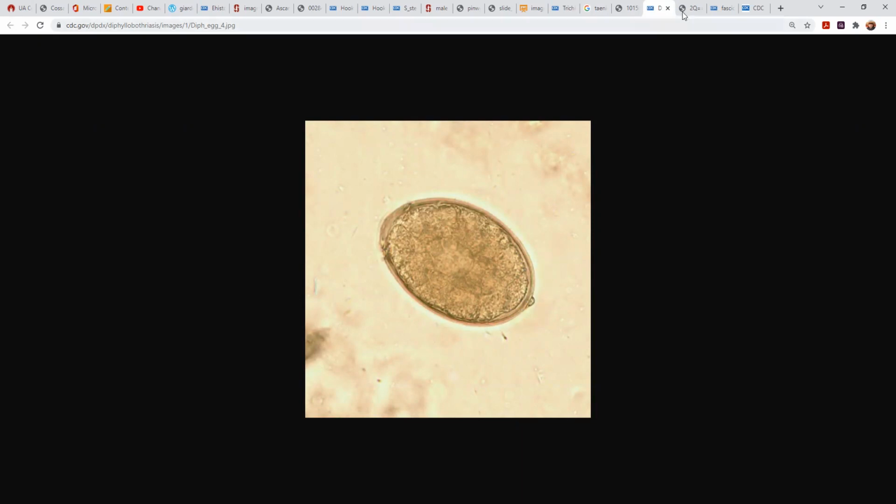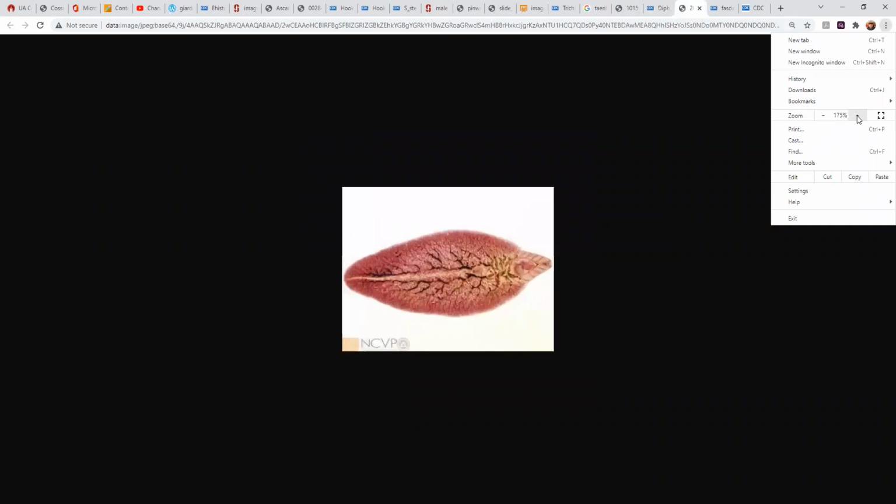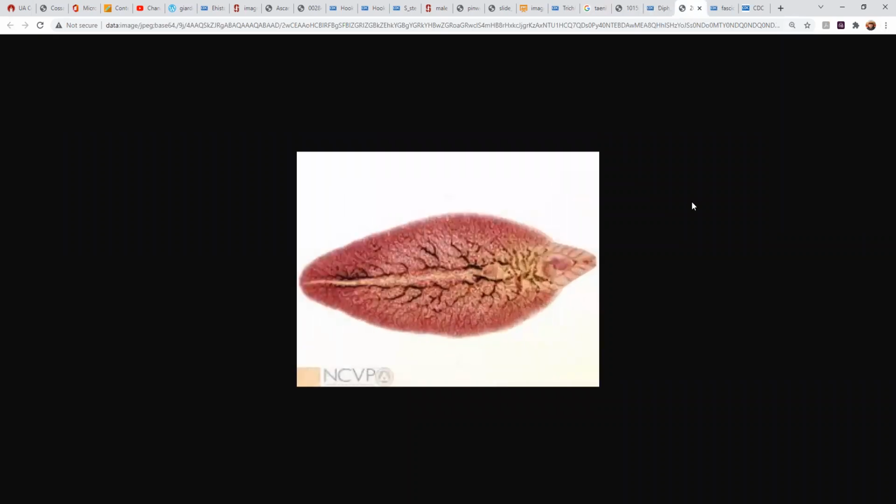And the last thing we're going to look at here is a fluke. These are classified with the tapeworms in the same classification scheme. But this is called a fluke, and this in particular is Fasciola hepatica, which is the liver fluke.